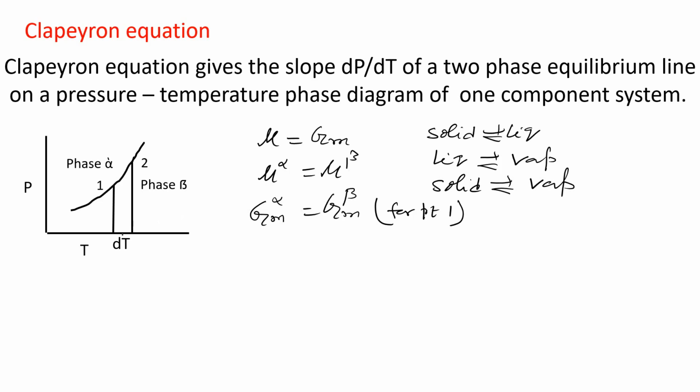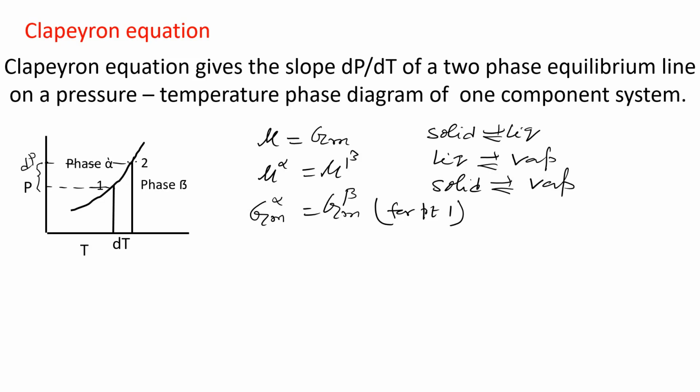Right? Now, if you change the temperature a little bit, say by an infinitesimally small amount dT, then the system will readjust itself, and while readjusting, pressure also will change. So pressure also will change by a small amount dP. If I draw a line from here and here, the pressure change will be this much, that is dP.